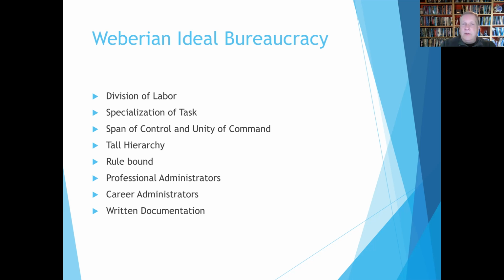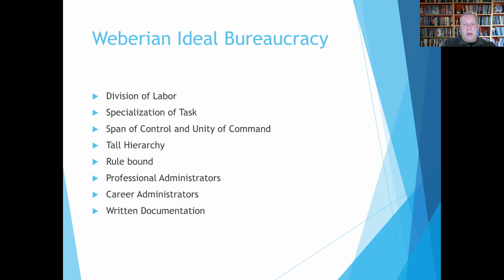And everything the organization does is written down in documentation. You rely upon written documentation because, again, this is part of this legal, rational type of approach to authority. If you have everything documented, you can apply those written rules and regulations uniformly across every individual you come into contact with.